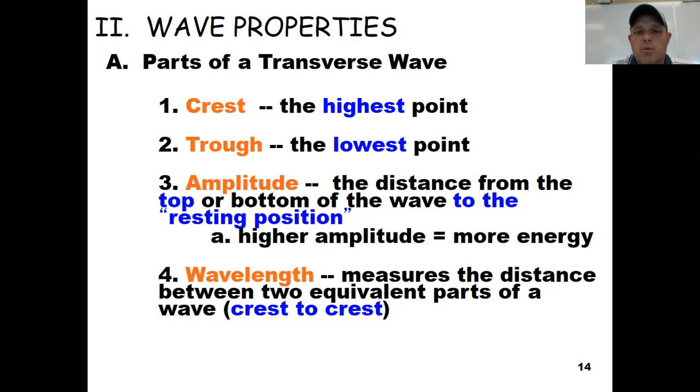This is the measure between two equal distances. Like I said before, most of the time we use crest to crest. Sometimes people use trough to trough, whatever is easiest to do. So these are four important definitions. Make sure that you get them down, obviously beyond tests and quizzes. And at any time, if I'm going too fast, of course, pause the video.